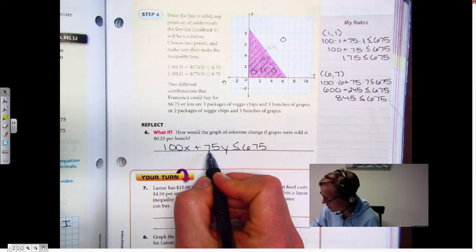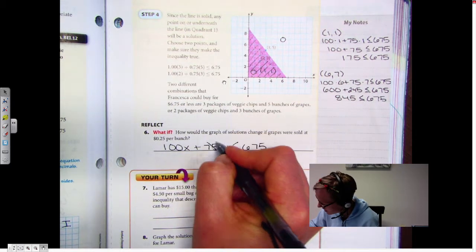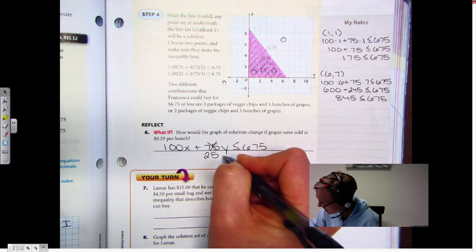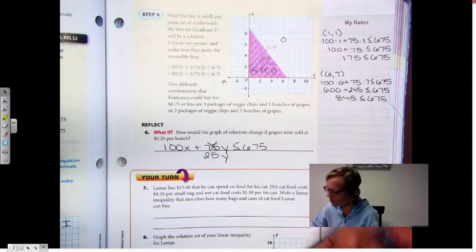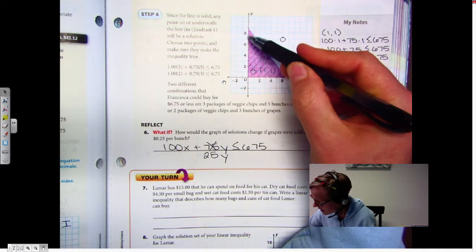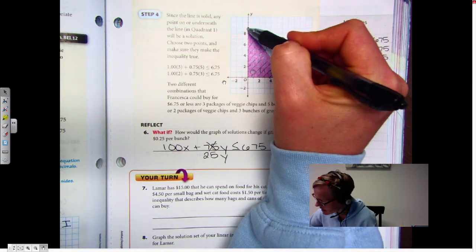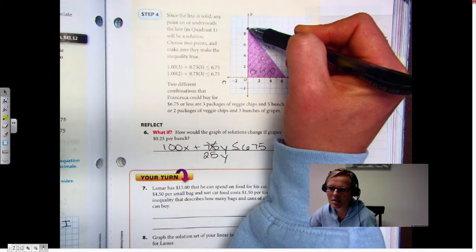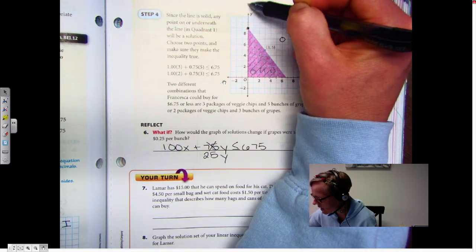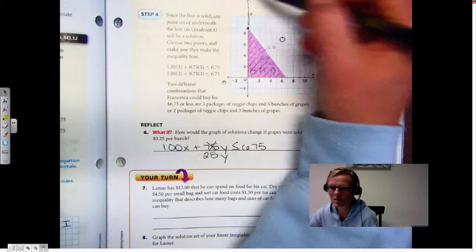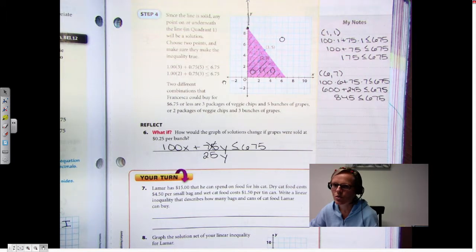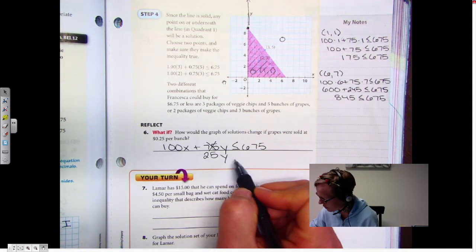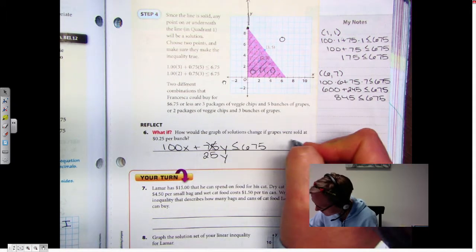So that would move my y-intercept here, not from just 9, but it would move it all the way up, continuing up to 27.